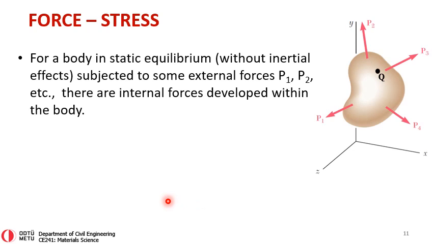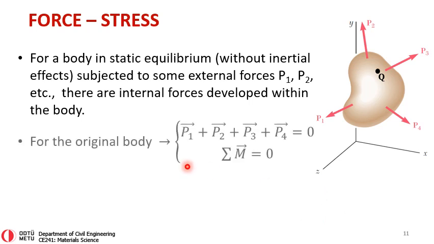Like a more general problem, now you have a body over here which is in static equilibrium. So we don't have any inertial effects, and we are subjecting this to some loads P1, P2, P3, P4, etc. And whenever you subject this material to these external forces, there will be some internal forces developed within the body, as we have seen in the truss problem as well as the beam problem.